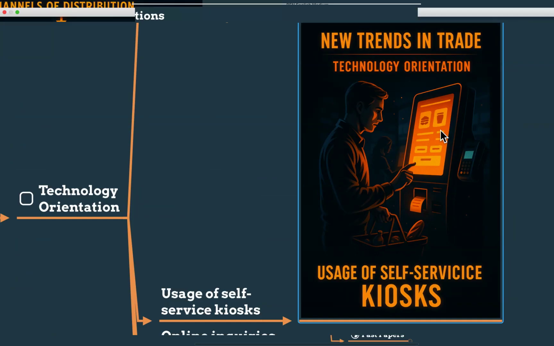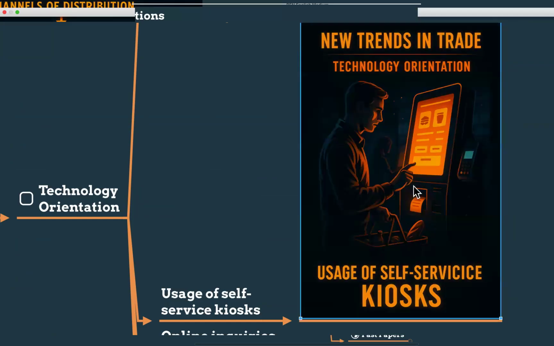It means customers serve themselves, right? You go to these kiosks, enter whatever product you want, pay the money, and it will give you the goods. It reduces waiting time because there will be so many kiosks, and it is available 24 hours, 7 days.